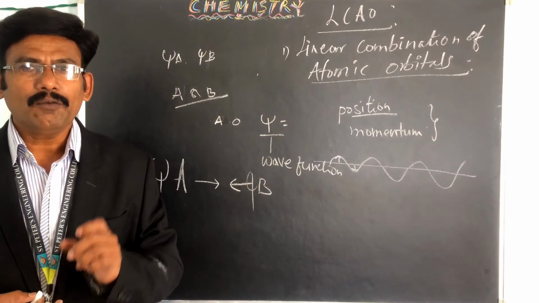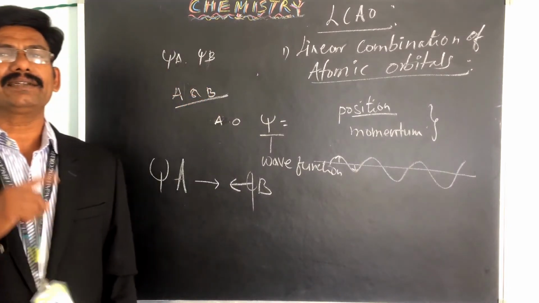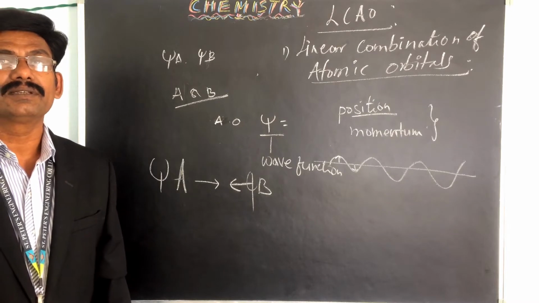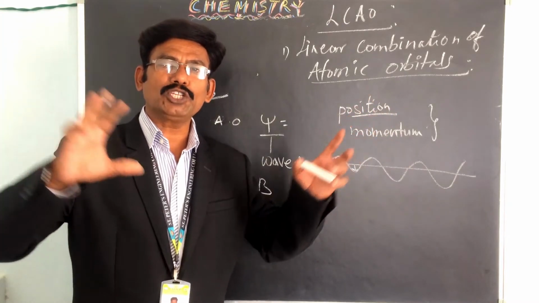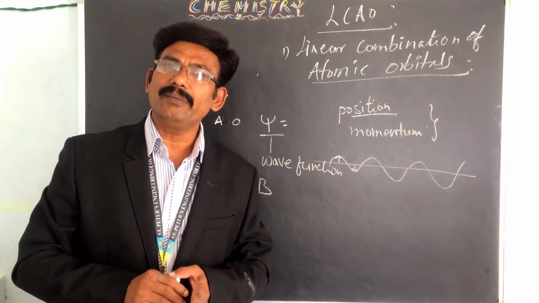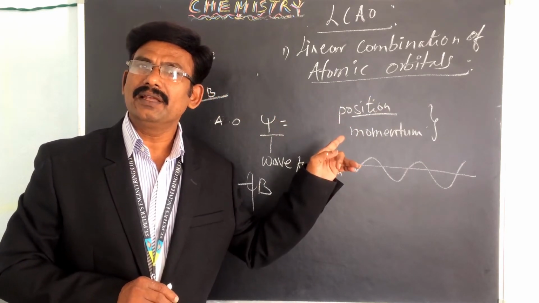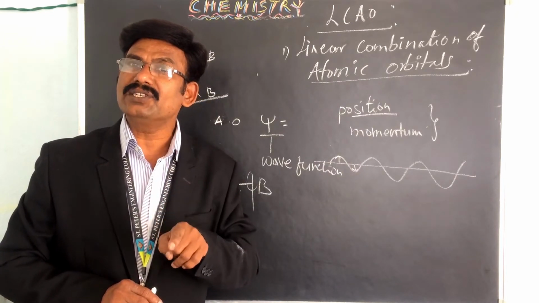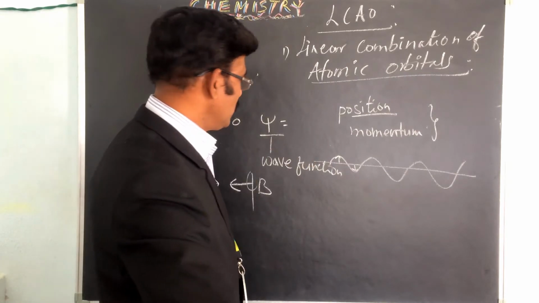When these two atoms approach, the electron clouds of these two atoms undergo overlap and produce a molecular orbital psi AB. It can be represented by the linear combination of psi A and psi B.